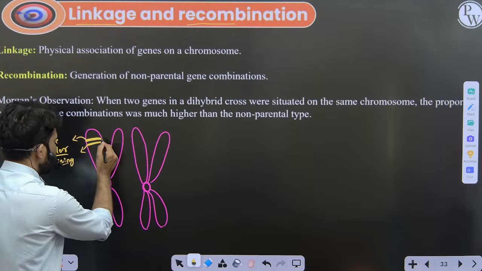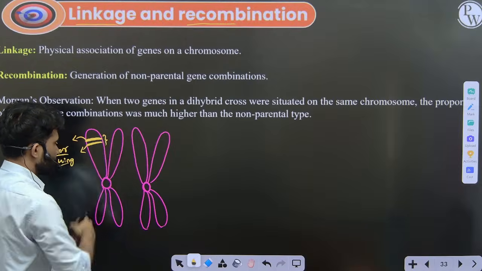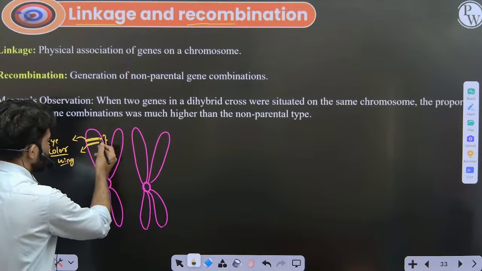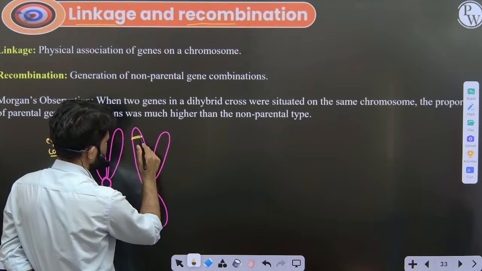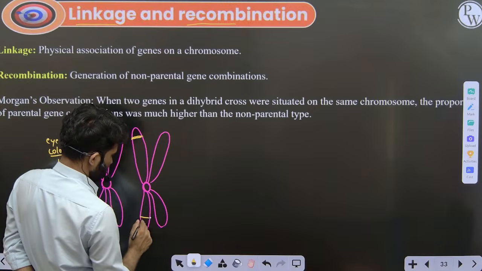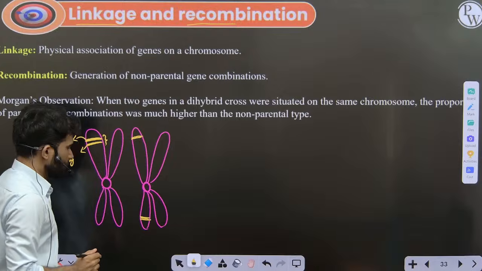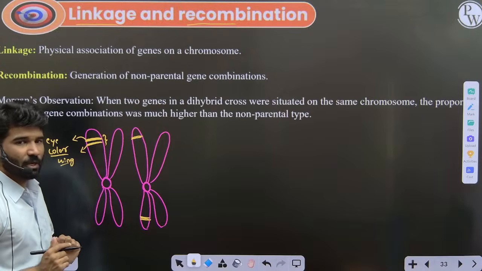If those genes are in close proximity, they are associated with one another.